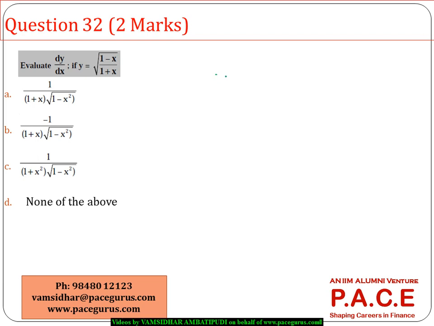So y equal to root x, dy by dx: the derivative of root x is 1 by 2 root x, into the derivative of the internal one, root of (1 minus x) by (1 plus x).